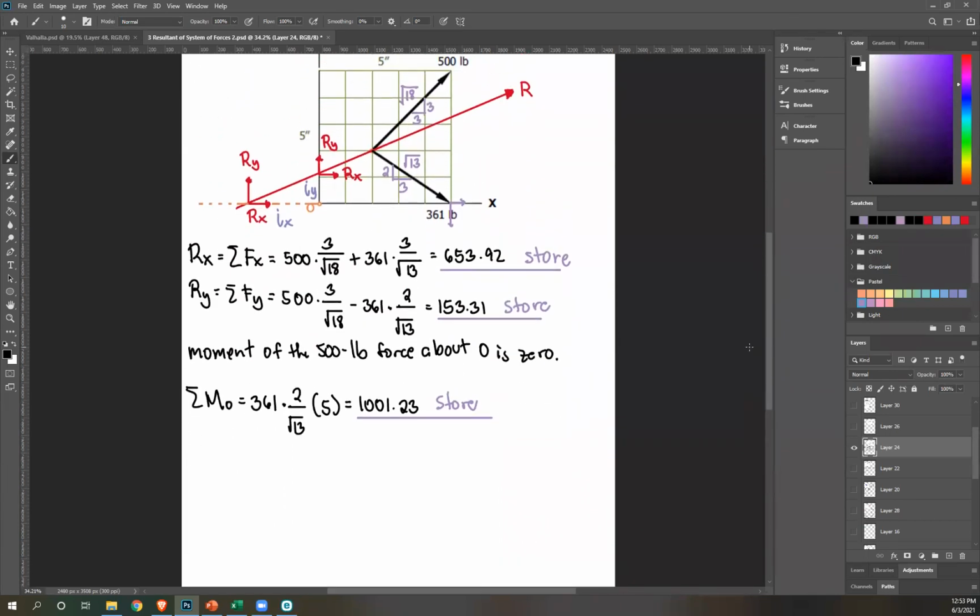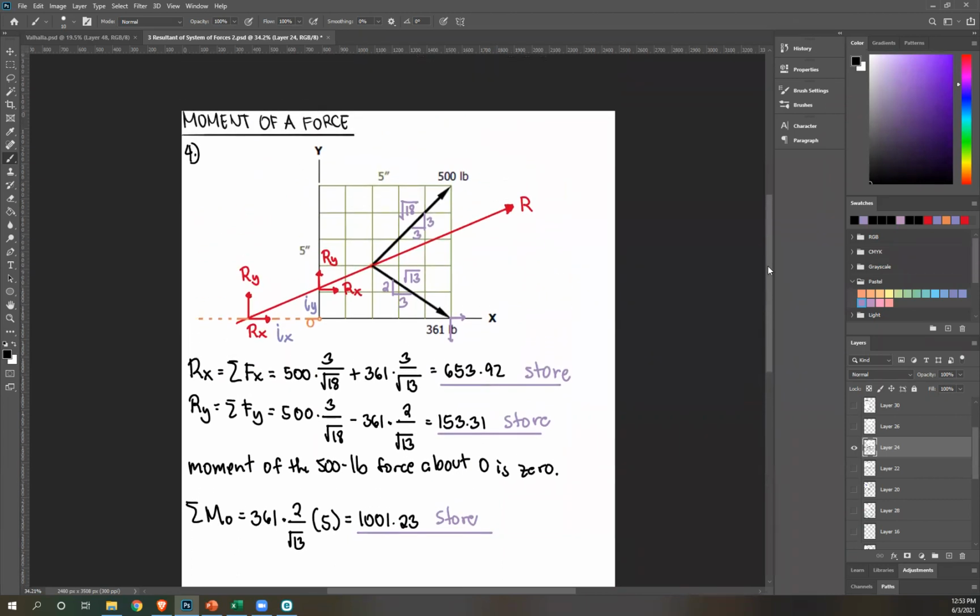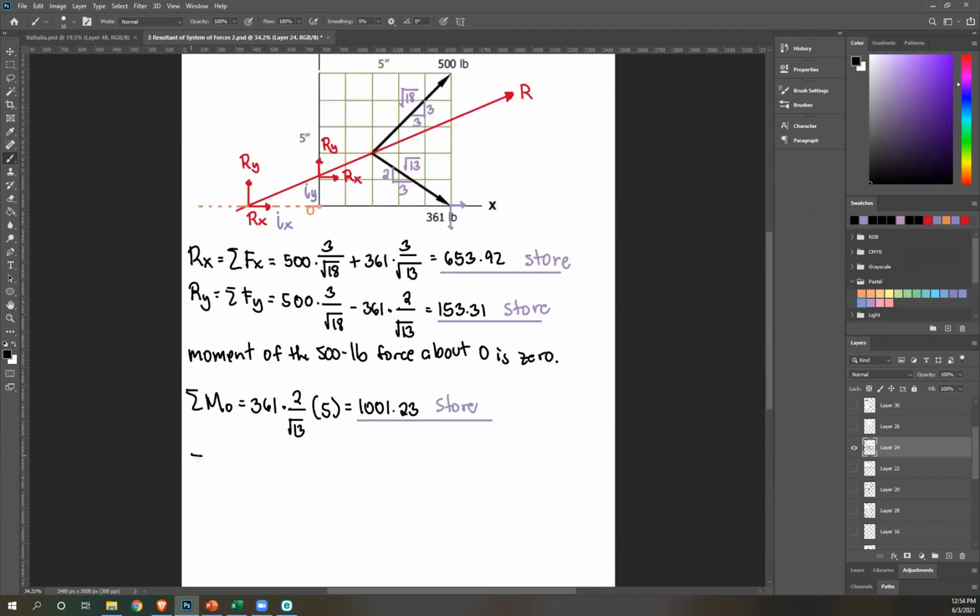Okay. Now it's time to solve for your Ix and Iy. Let's start with Iy. Once again, the process to solve for Iy is take moment about O using Rx and Ry. So using the components of resultant R, Rx passes through O, so ignoring that, I'm left with Ry. So summation of moment about O is R, summation of forces times distance. This is our answer to summation of moment about O, right?